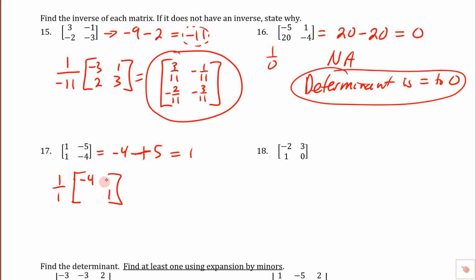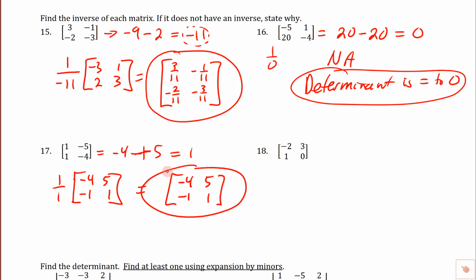These change to the opposite sign, so this is going to be a 5, and this is going to be a -1. So if you multiply by the 1 over the 1, we end up with -4, 5, -1, 1, and that right there is our answer. So pretty nice little deal there.